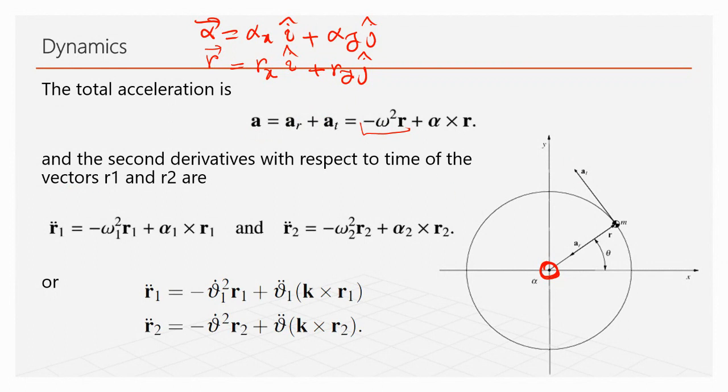And the second derivative with respect to time of the vectors r1 and r2. So this is one side of the equation. I'll come back to that.